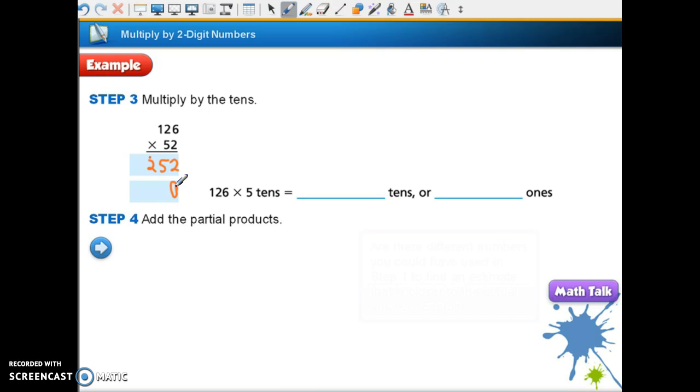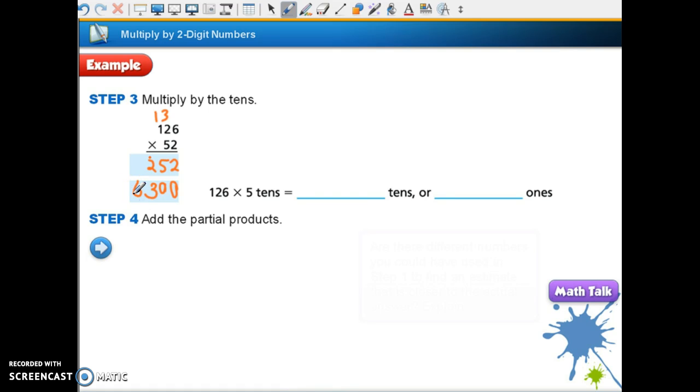Okay, now we're doing 5 times 6 is 30. We're going to regroup that 3. 5 times 2 is 10, plus 3 is 13. Regroup a 1, and 5 times 1 is 5, plus 1 is 6.